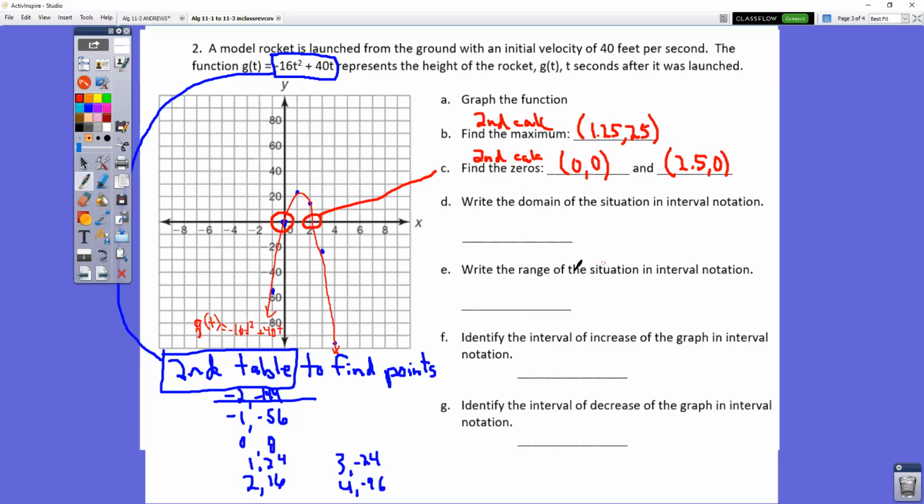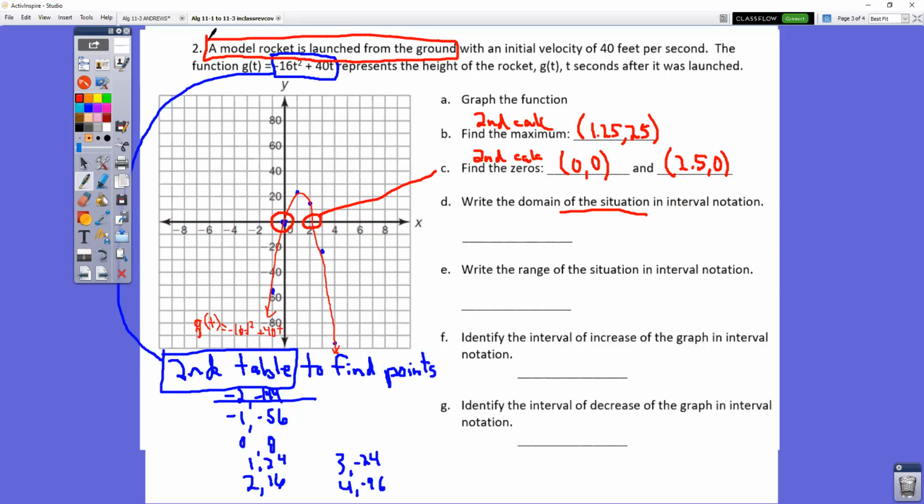For letter D, it says write the domain of the situation in interval notation. Here's what of the situation means. When it says of the situation, we're looking at the word problem, the model rockets. We're not just looking at a graph.